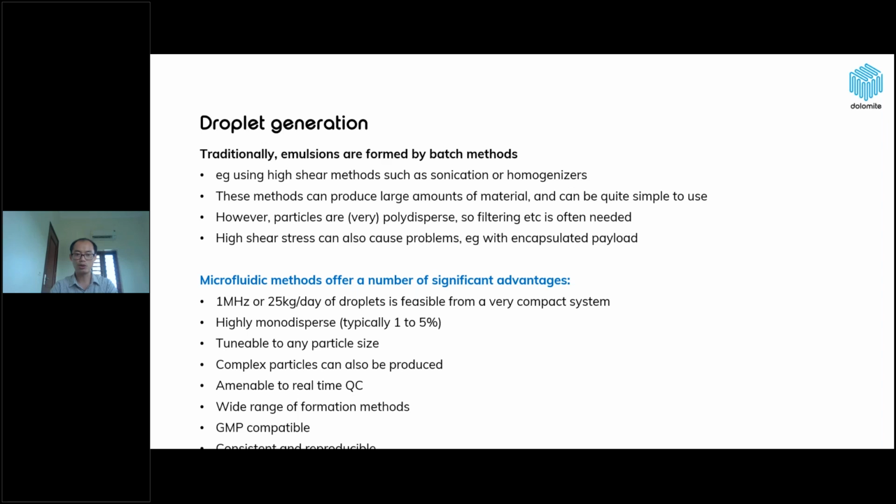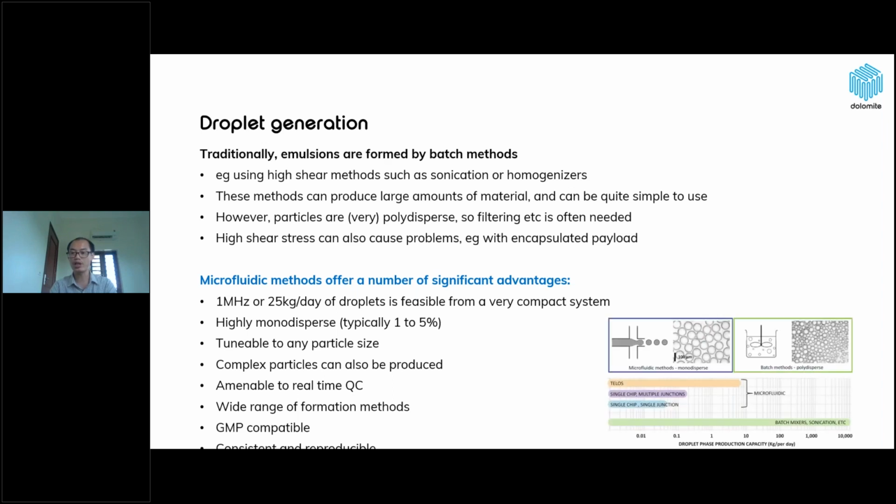Complex particles can also be produced, like multiple emulsions or Janus particles. With real-time QC and wiring formation methods, we have GMP-compatible, consistent and reproducible production.